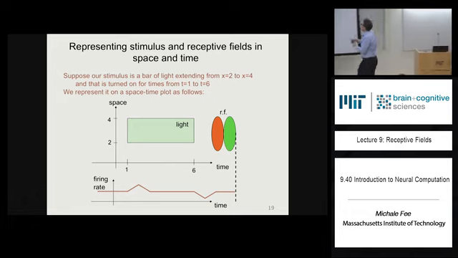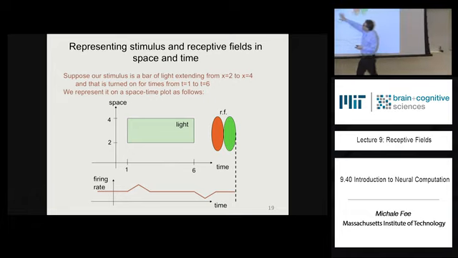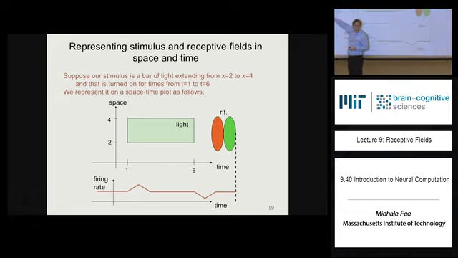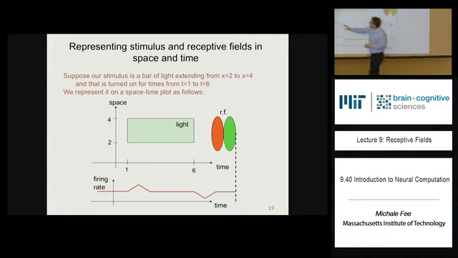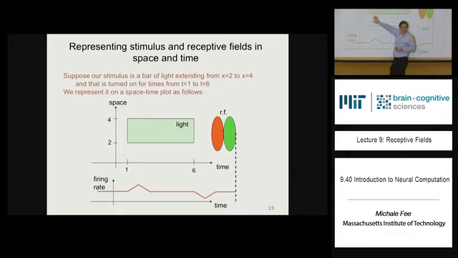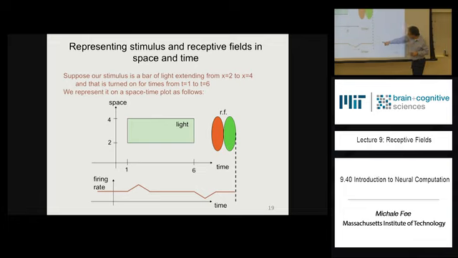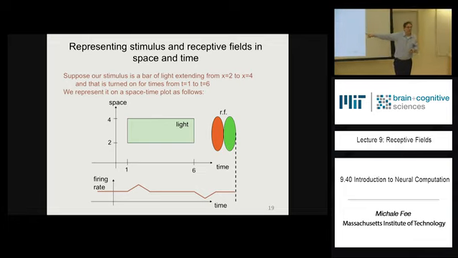Okay, so you should think about this thing sliding over the stimulus in real time. If these are units of seconds, then this thing is sliding across the stimulus at 1 second per second, and so that is firing rate as a function of time in those units.